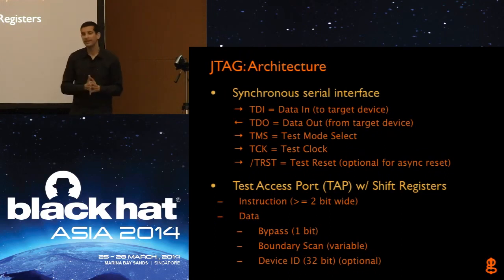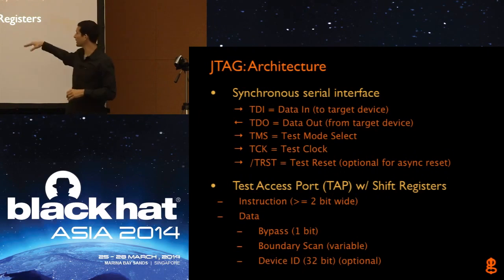There's an optional test reset pin that some target boards use to asynchronously reset the JTAG. Or usually what they mostly use it for is to disable JTAG, just by pulling the pin low to keep the JTAG port in reset so somebody can't just come up and attach to it.